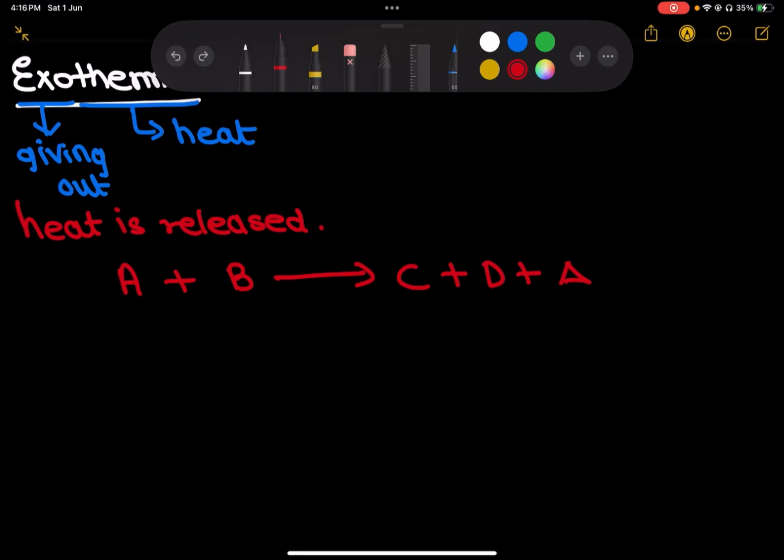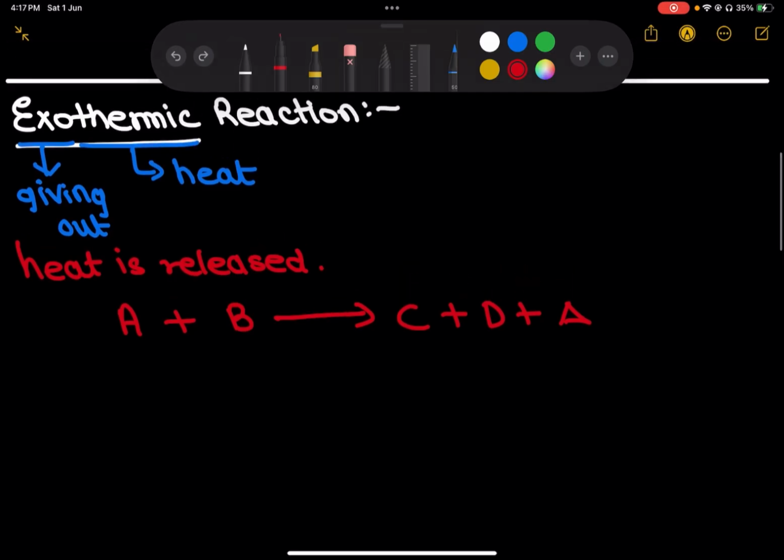Okay, so this kind of represents an exothermic reaction. Sometimes there is only one product, sometimes there are 2, 3, 4, 5, 6 products, but there is always this symbol, the delta sign. It is very important. It indicates that it is an exothermic reaction. It is a reaction in which heat is given out.